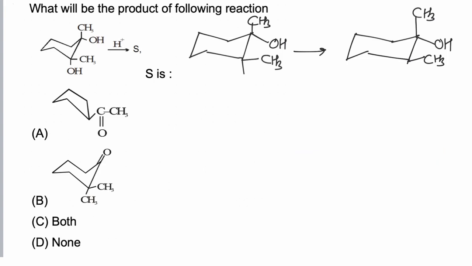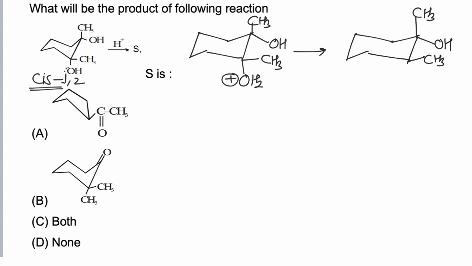In this question we have to find final product of cis 1,2-dimethyl cyclohexane 1,2-diol. So molecule given is having cis configuration at first and second position. Now in first step OH gets protonated and oxonium ion is formed.